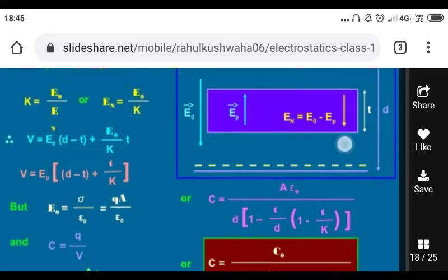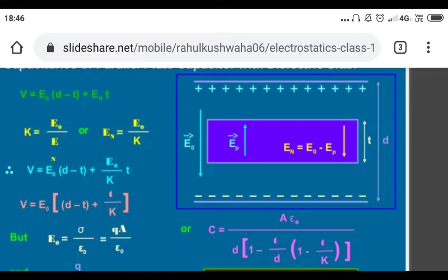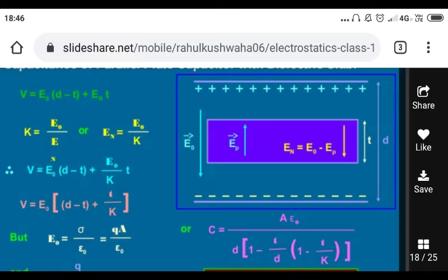Now when the dielectric of thickness t is placed, there is some space left between the plates and the dielectric. So there are two mediums: air, then dielectric, then air.